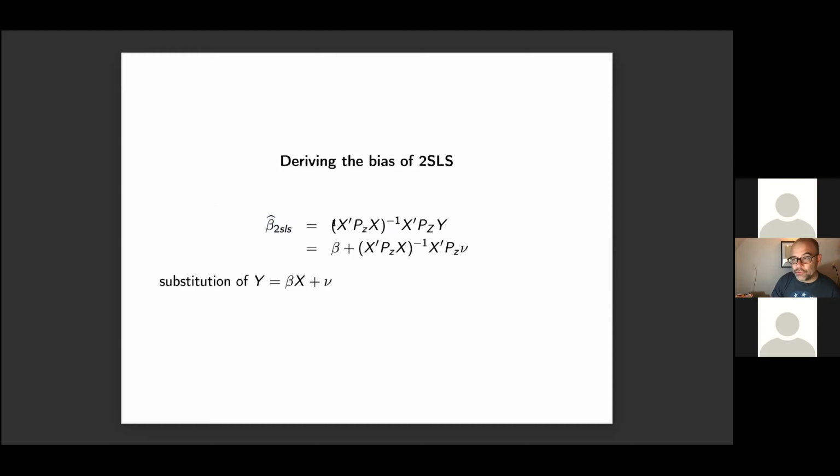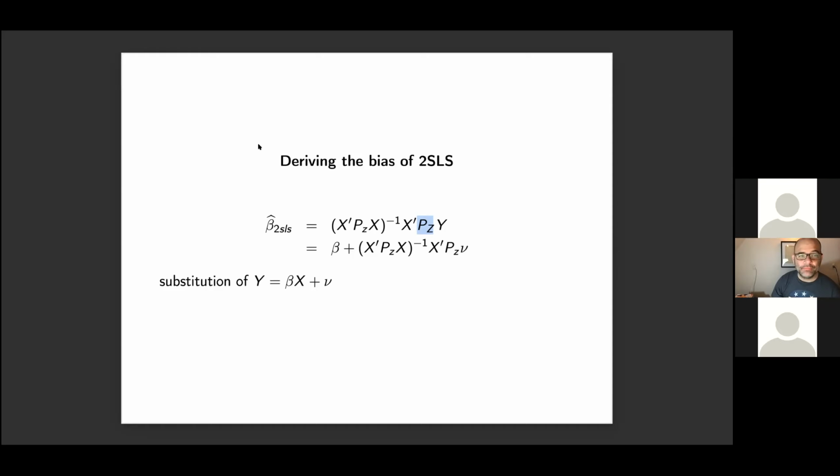Now its matrix expression is this right here. It's producing fitted values this way. This is a different representation of it, but it's essentially the same thing with the set of steps that we talked about yesterday.